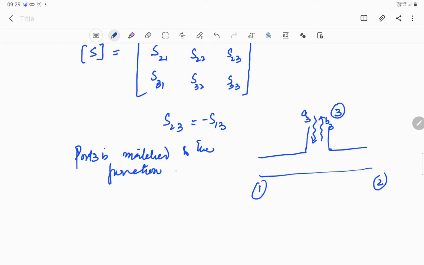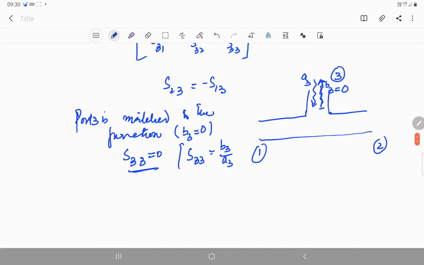So there are no reflections, which in turn means B3 is 0. That means S33 is 0, as S33 is B3 upon A3, and since it is perfectly matched, there won't be any reflected wave, so B3 would be 0 and S33 would be 0.